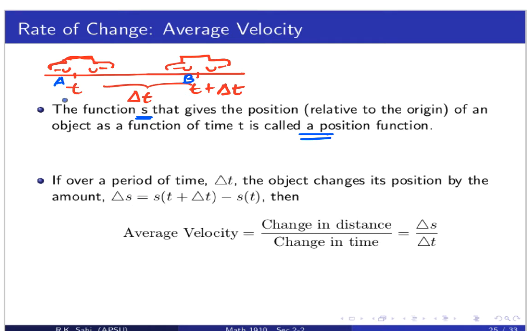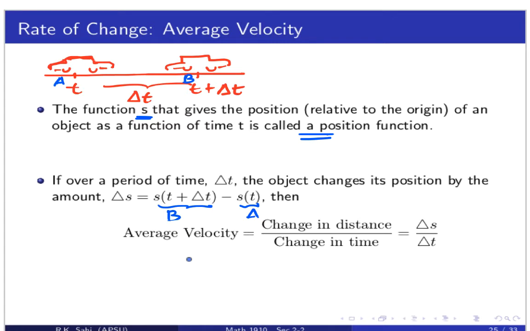So delta s is s of t plus delta t, think of that as B, minus s of t, where I started, which was A.